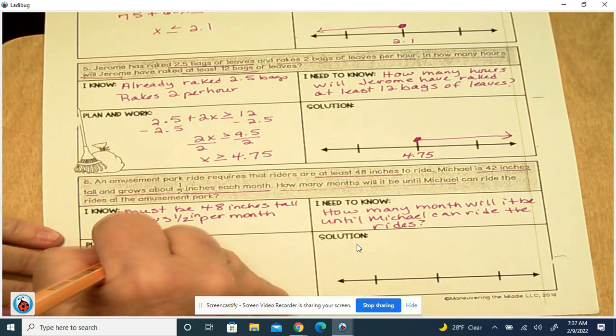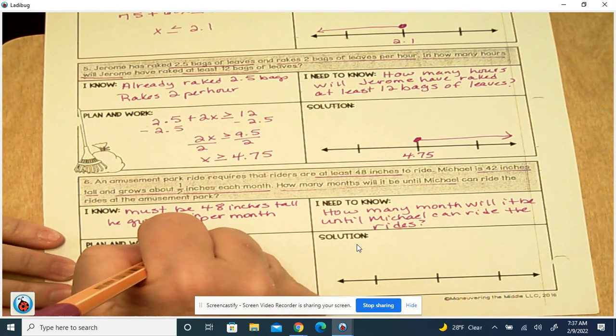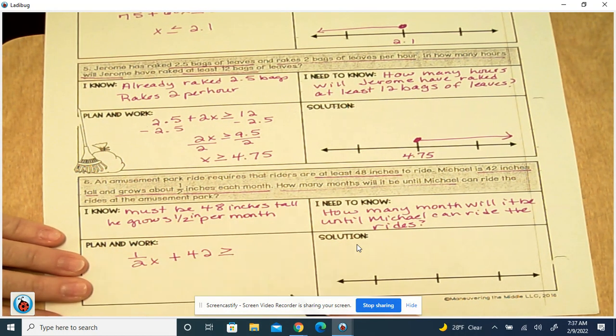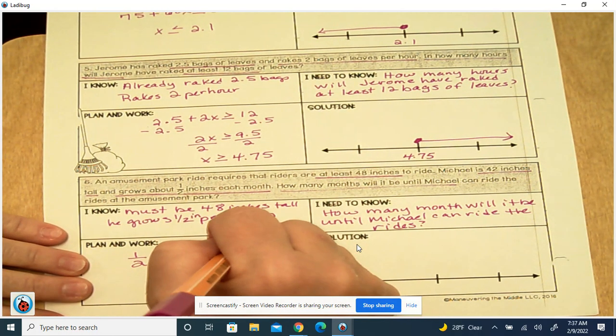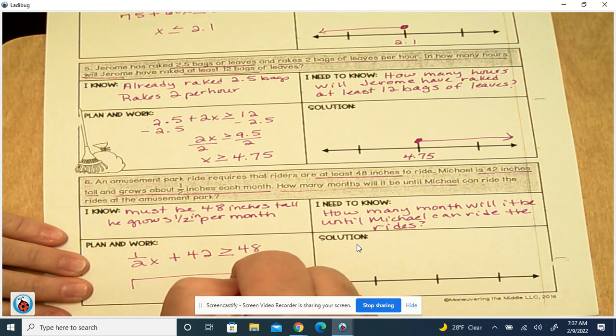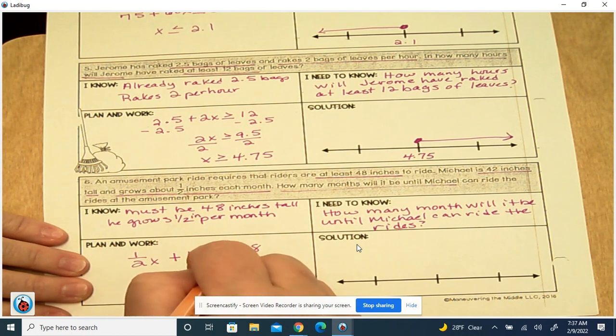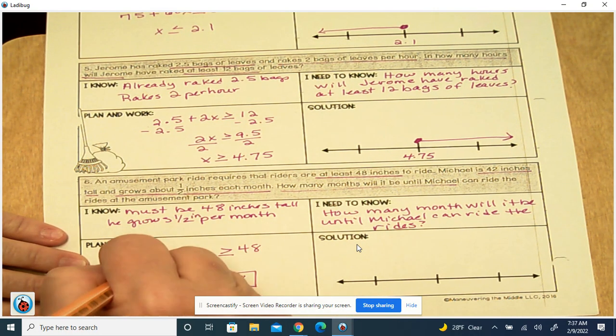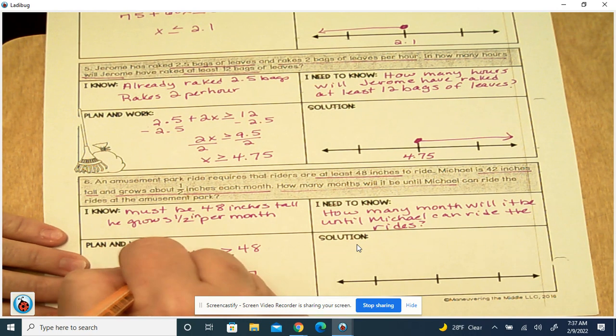All right, we'll set it up. It goes 1/2 inch per month plus the 42. It has to be at least, the greater than or equal to column, 48 inches tall. So we've got 48 and 42 plus 1/2 x.